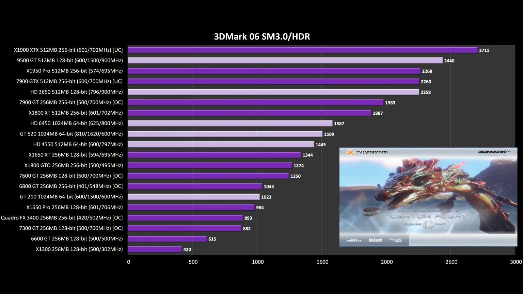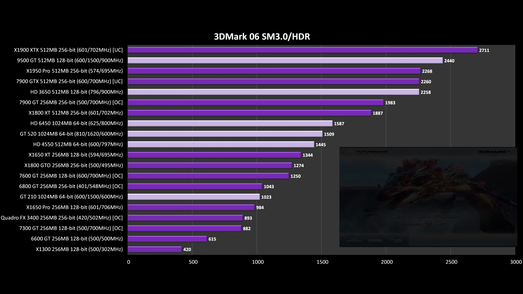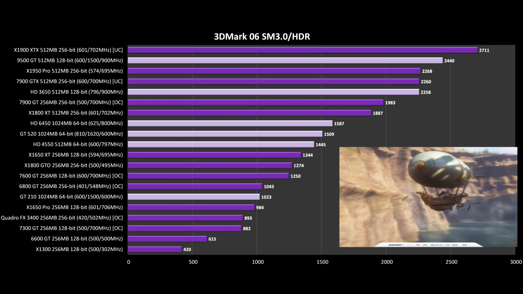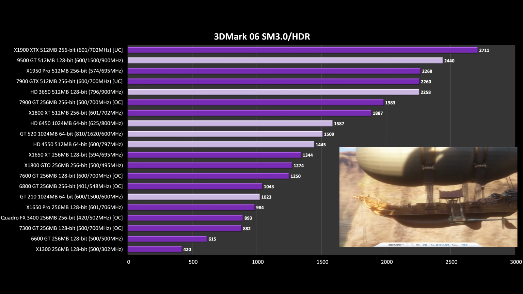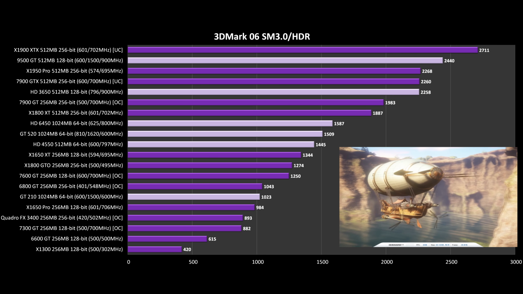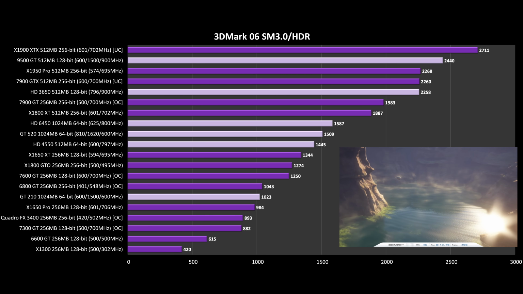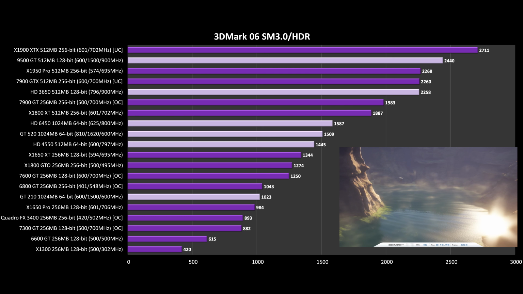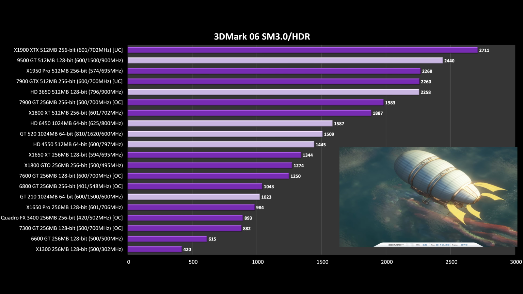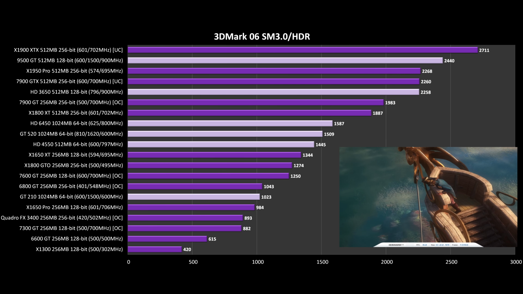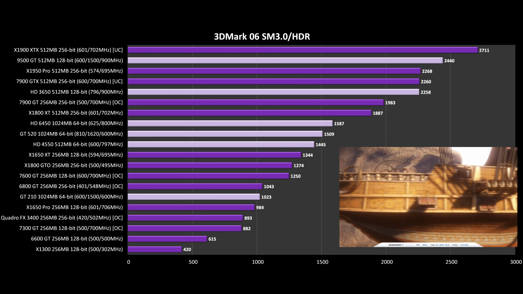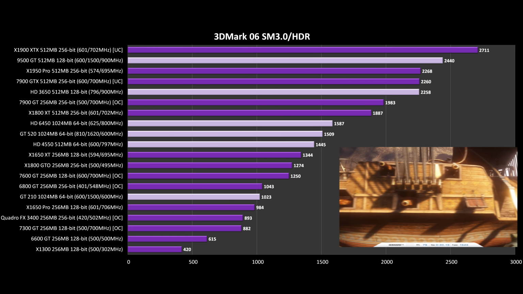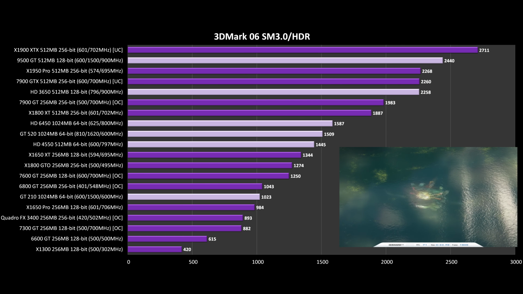In Shader Model 3.0 test, 9500 GT drops to second place, with X1900 XTX being 11% faster. Regardless, it is still 8% faster than other underclocked GeForce 7900 GTX and Radeon HD 3650, both of which have basically equal performance in this test.